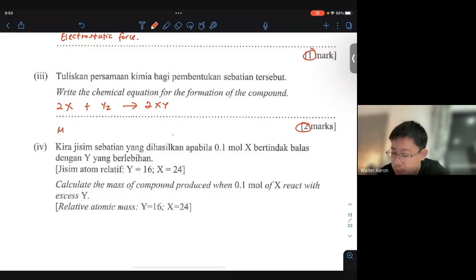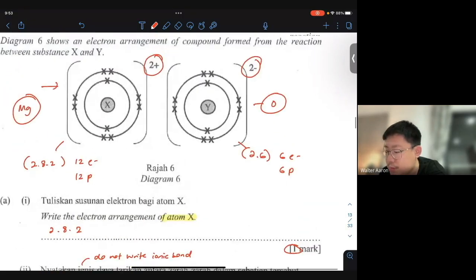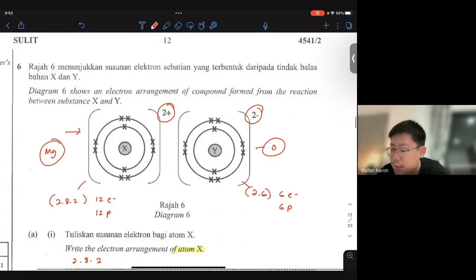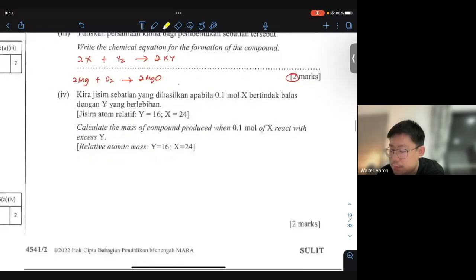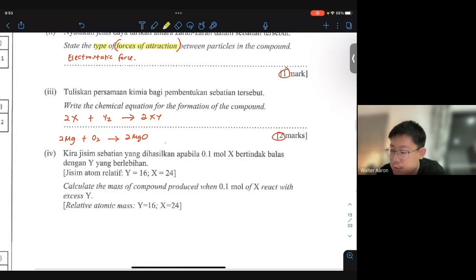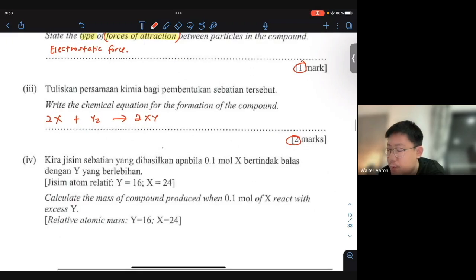Supposedly, if you refer back to the periodic table, then you can argue that this is magnesium oxide. Correct, but we don't know if it's magnesium or oxygen or not. They give you X and Y. So you have no choice but to use back the alphabets technically. You understand? So remember, do not simply write the main element inside. Just follow back the alphabet and you get marks.